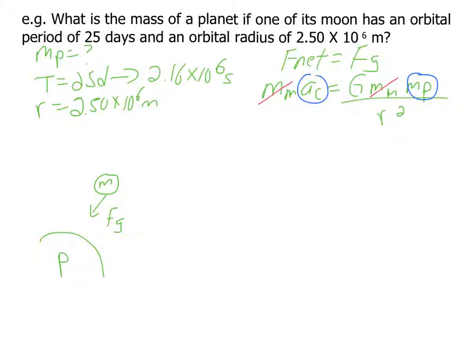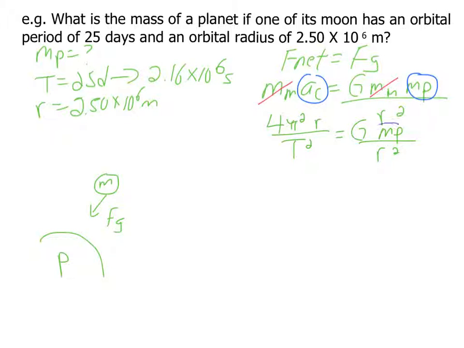Also, we need to substitute out our centripetal acceleration. Now, because in this problem we are given a period, we need to substitute the centripetal acceleration with a formula that deals with period. So the left side becomes 4 pi squared r over T squared, and then the right side remains G, mass of the planet, divided by r squared.